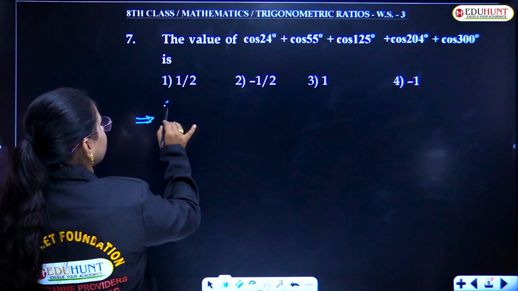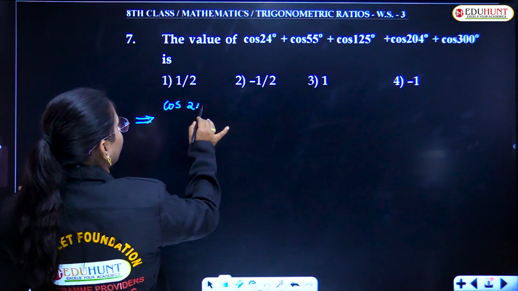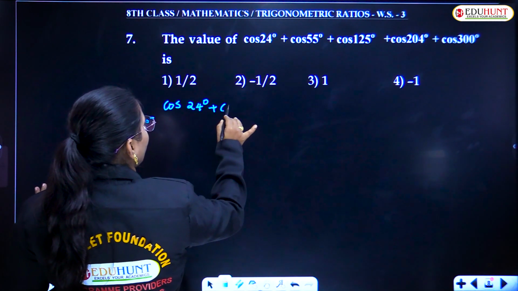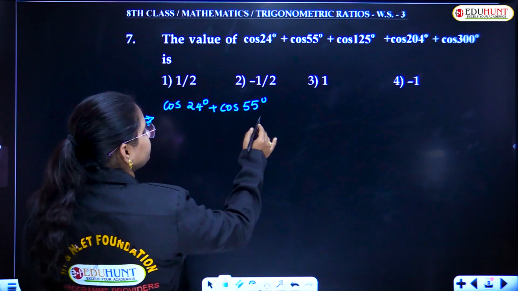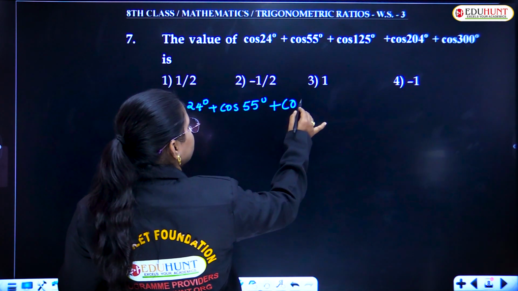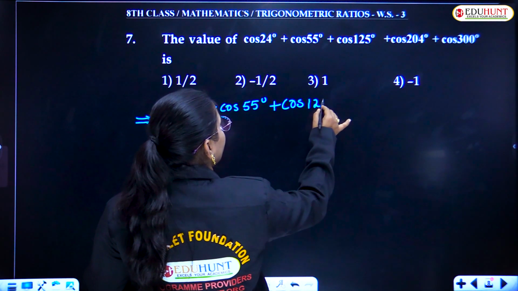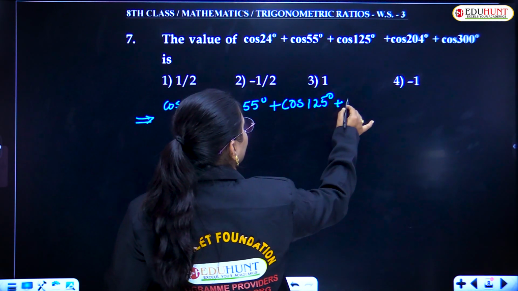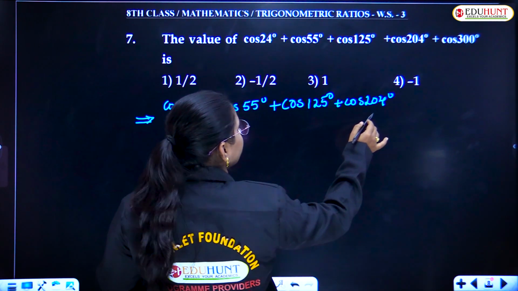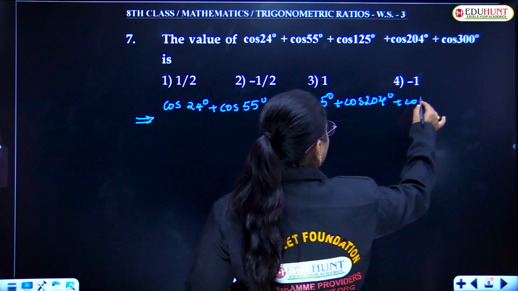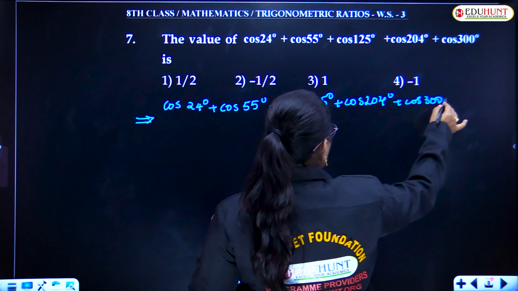So what is my next step? Cos 24 degree, cos 55 degree, cos 125 degree, cos 204 degree plus cos 300 degree.